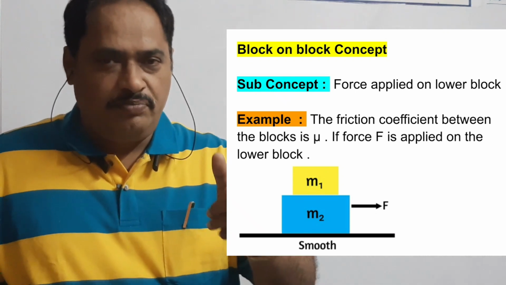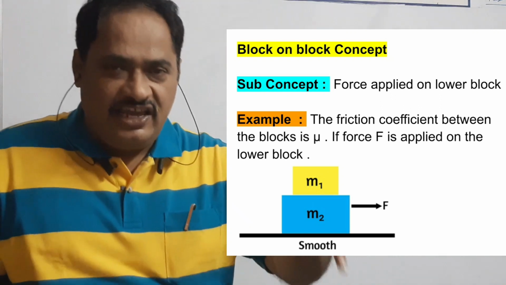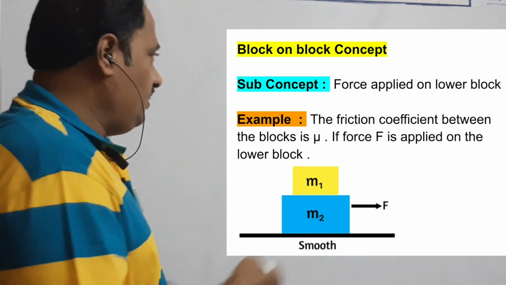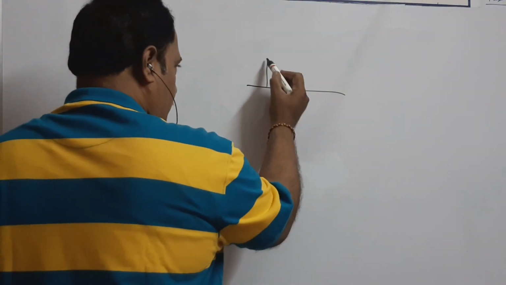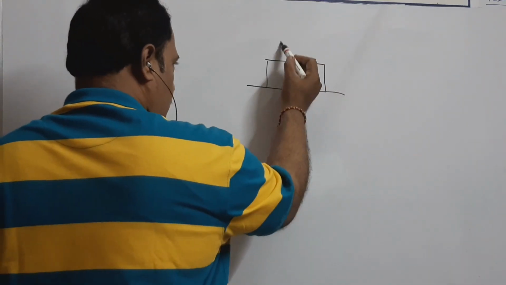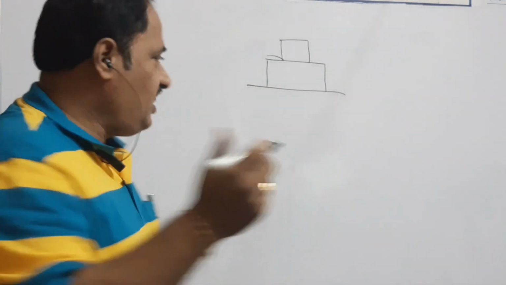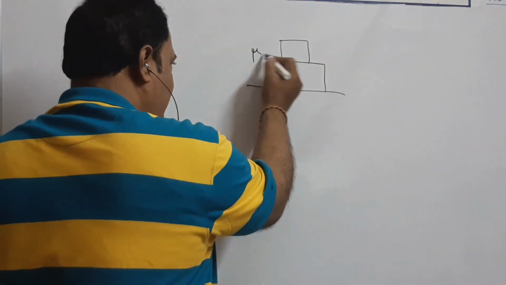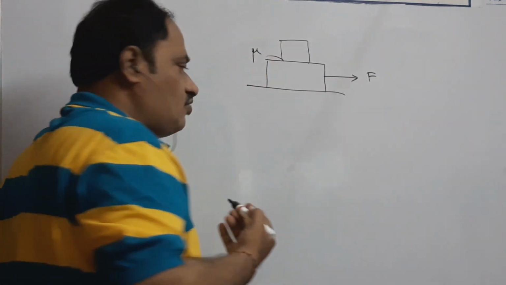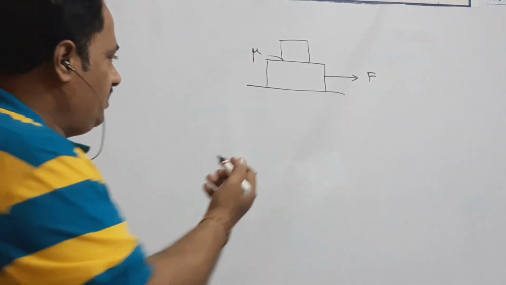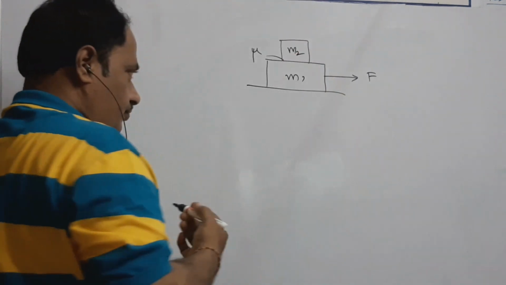There will be friction between the upper block and lower block. So this is a smooth surface, this is the lower block, this is the upper block. The coefficient of friction between these two blocks is mu. Here force F is applied. We consider this as M1 and this as M2.